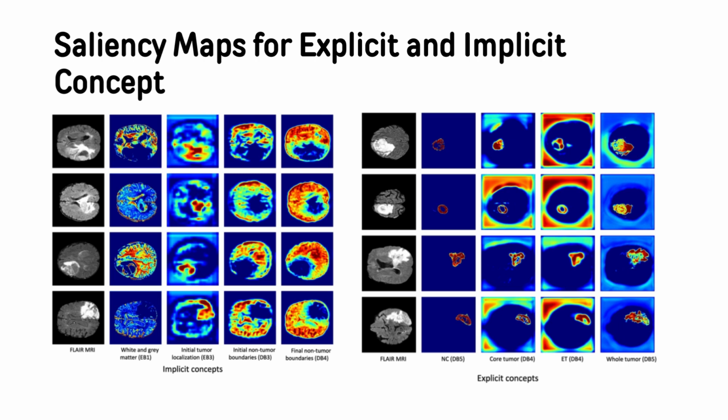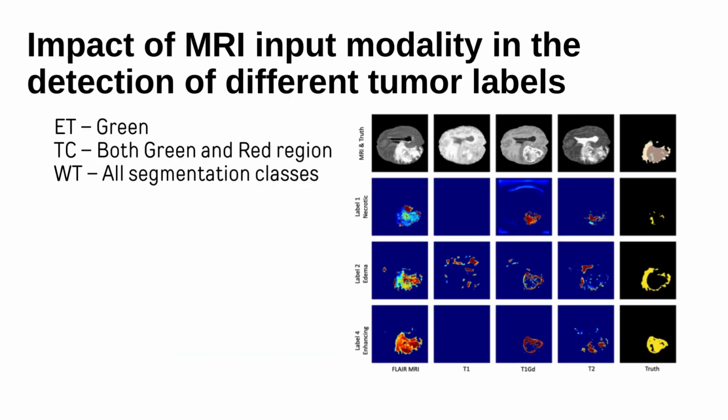And of course, the implicit concepts here mean that the model actually went ahead trying to explore more and give out a visualization beyond what it has been trained for. And the explicit concept refers to the exact expectation that the model has been trained to do. So that is the difference between the two.